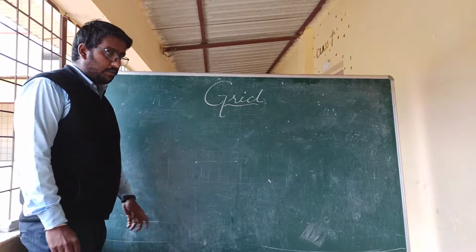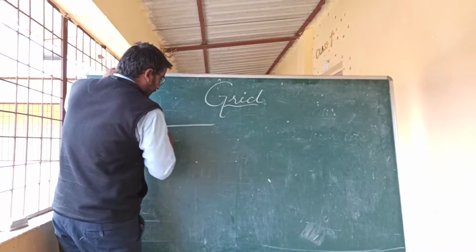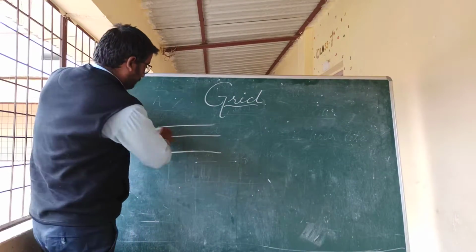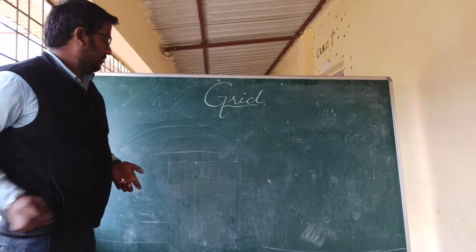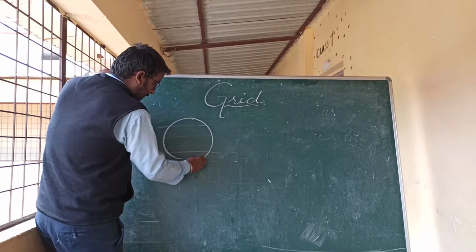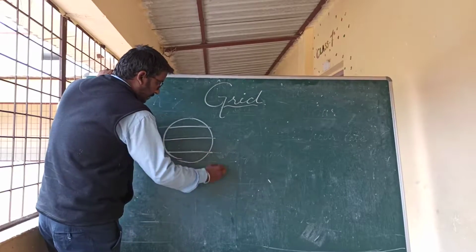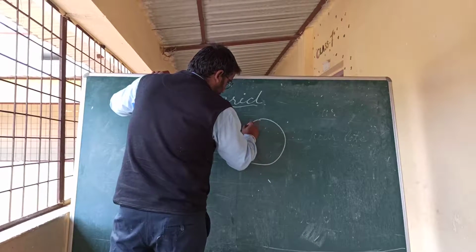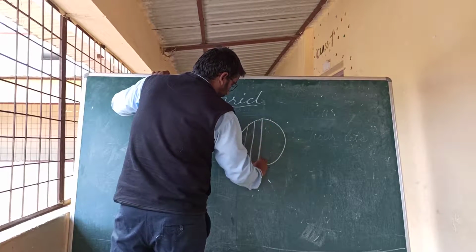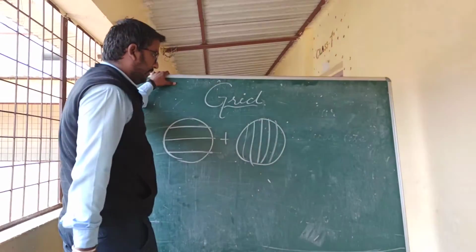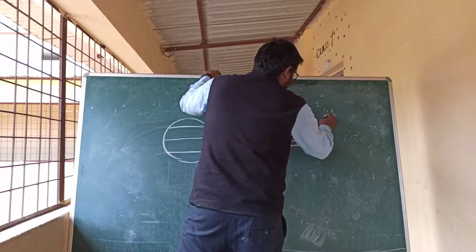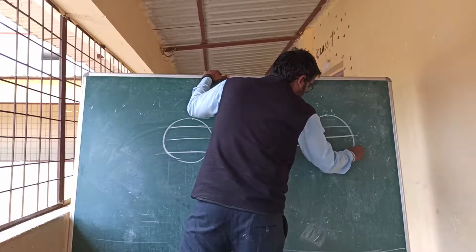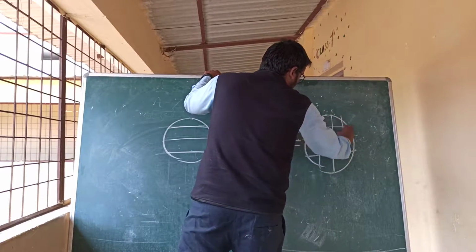To understand grid. Okay, so we have learnt latitude, that is the horizontal lines, or let me draw it in a more proper way. So this earth, the latitudes, and the longitudes will give you grid.